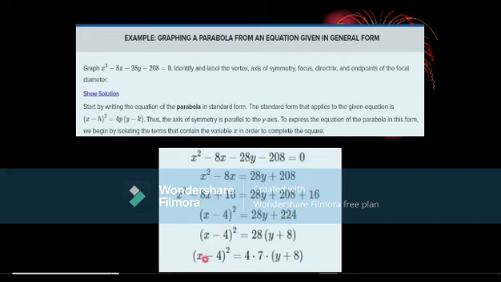Therefore, you have (x minus 4) squared is equal to 4 times 7 times (y plus 8). Why is it 4 times 7 here? Again, this came from the equation for p. Since 28 is factorable by 4 and 7, we can separate 4, so we can see if the remaining factor is a positive or a negative number.